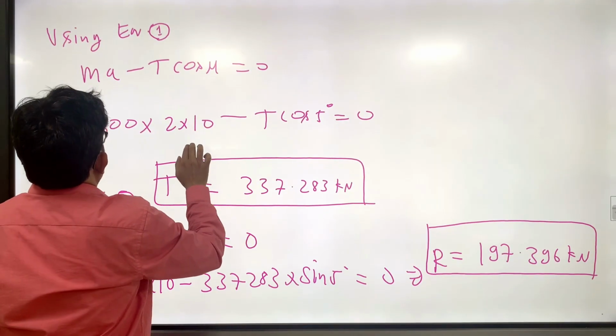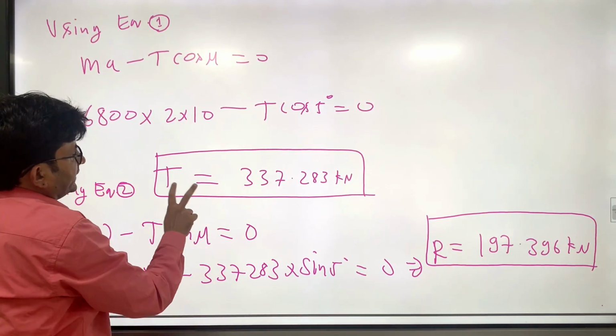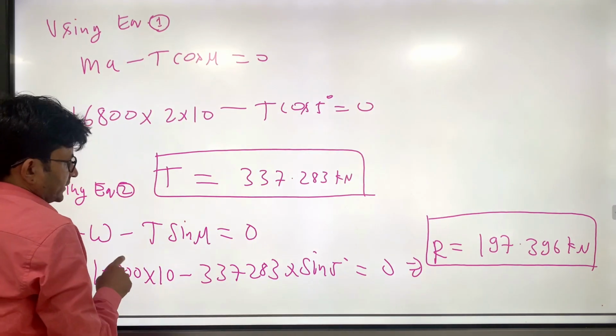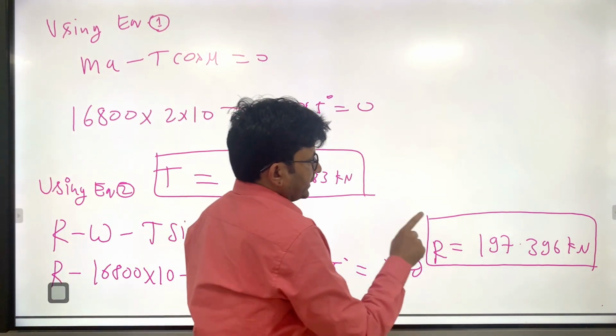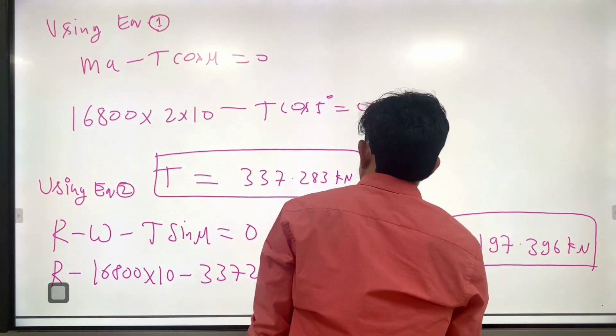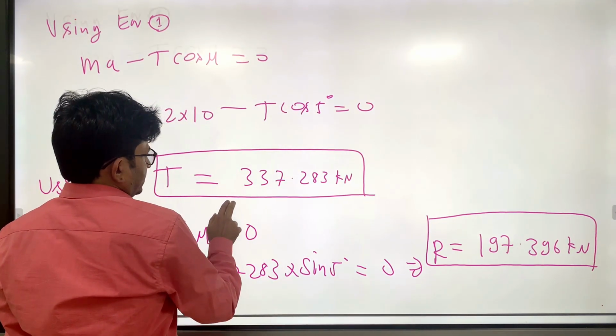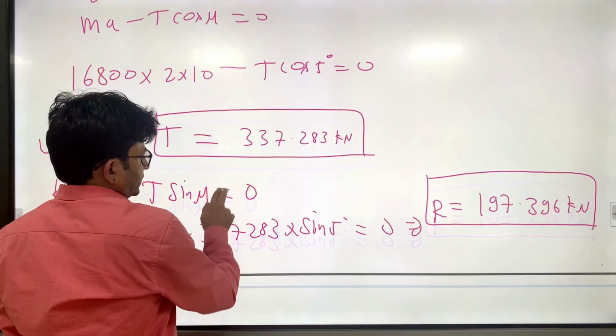Okay, so in equation 1, if you put all the values, you will get T equal to 337 kilonewton, and from equation 2 you will get R equal to 197.396 kilonewton. So T and R you got.